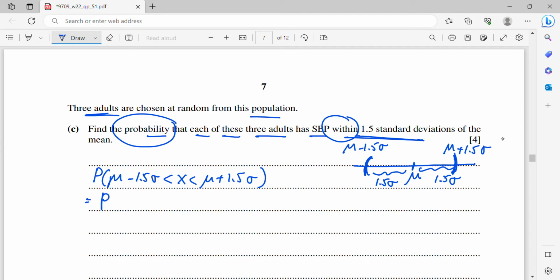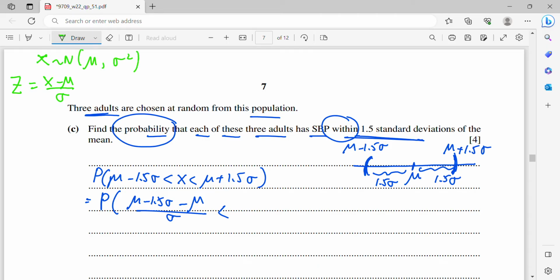So first of all, we standardize it. I'm not going to write the mean value and the standard deviation value, but I will just standardize it. When you standardize it, basically you use the x value minus the mean divided by sigma. If your X is normally distributed with mean mu and variance sigma squared, you use the standardized random variable formula.